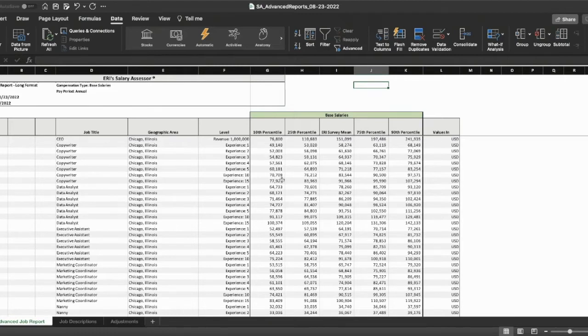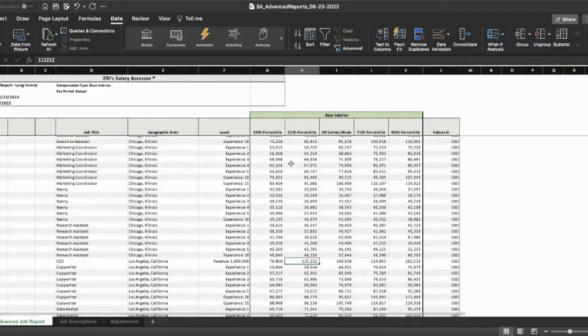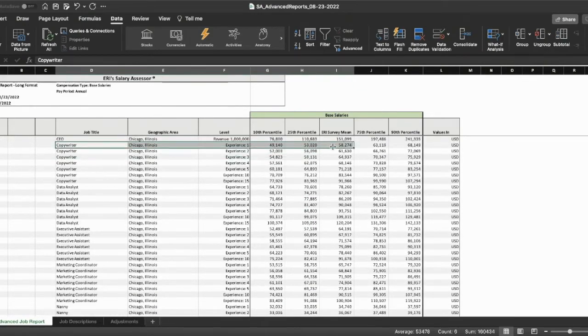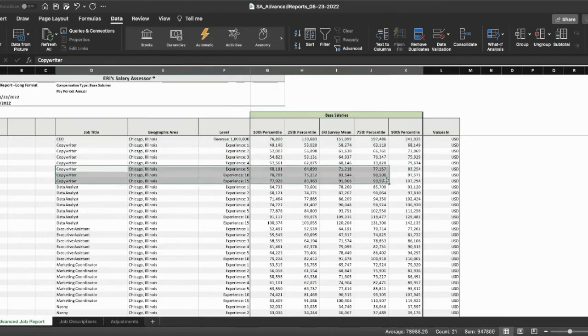What I think is really cool is when we start looking at this information, we're like, okay, so for example, the copywriter that I have in Chicago who has 5 years of experience as a copywriter, am I paying her at least this mean?